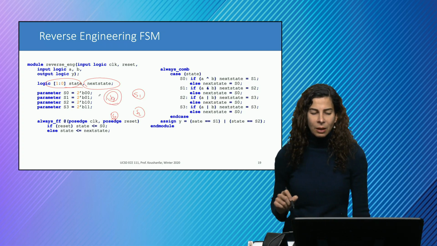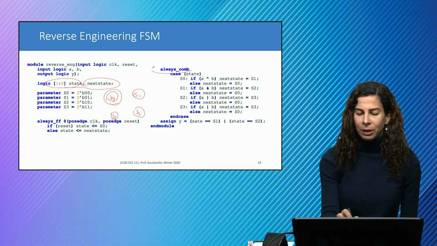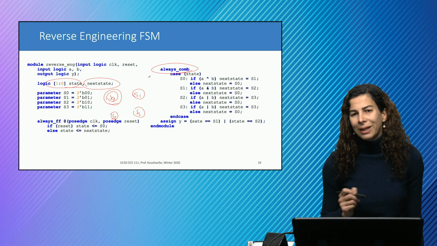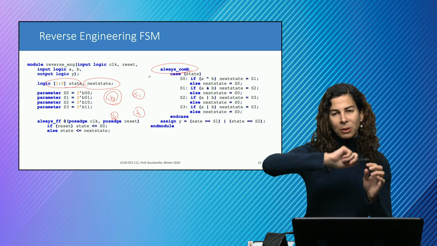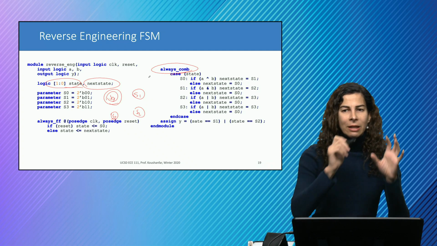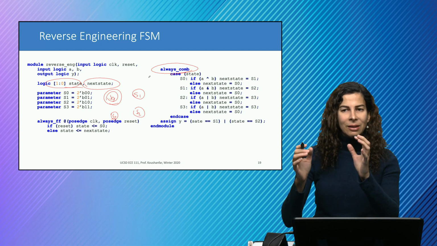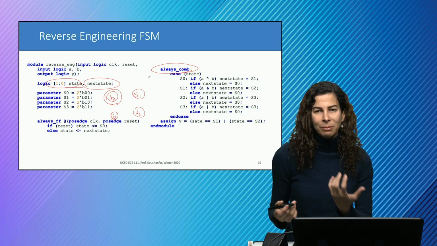Now what you see here is just a case statement in a combinational format. The combinational circuit is usually, if you remember those arrows going from one state to the other, it says if you are in this state and this input comes, then you go to the next state.